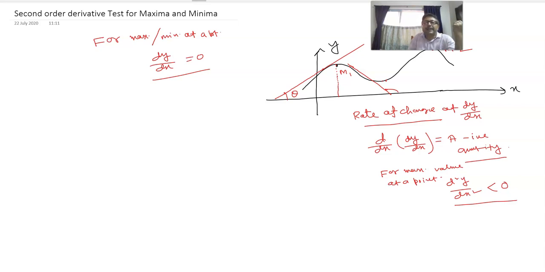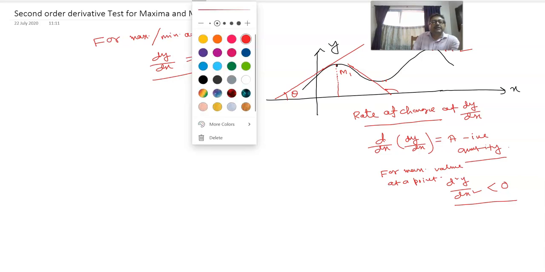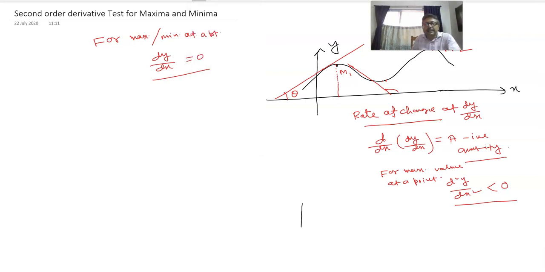Similarly, at the point of minima, you can draw an arbitrary curve here. If we consider the change of sign at a point where there is minimum, you will find the value of dy by dx changes from negative to positive. I am taking this point, see. Just before this point, this is the point of minima.